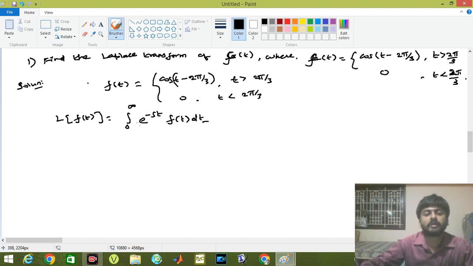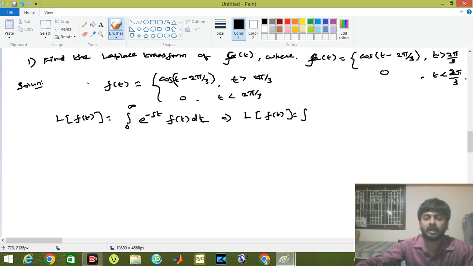Okay, see, the formula exists from 0 to infinity. So our problem will become L of f of t, split at t less than a and t greater than a.